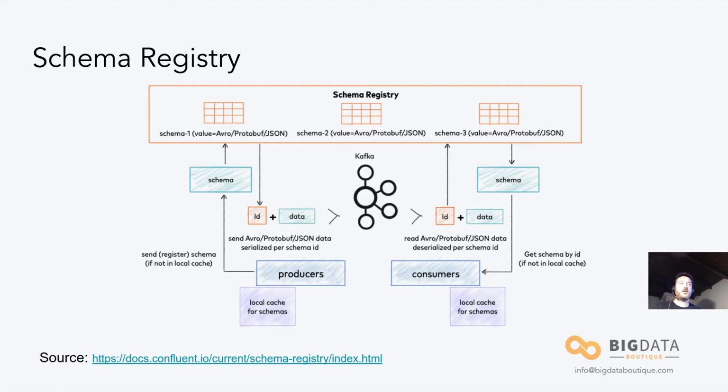So whatever reads or consumes from Kafka is able to understand what data it is receiving, because it has a way to track the structure of that data. If the schema isn't there, the producer can register the new schema. So it has the possibility to publish that new schema in the registry. When the consumer goes to the registry, the schema is going to be there, and it is going to be able to interpret that data.